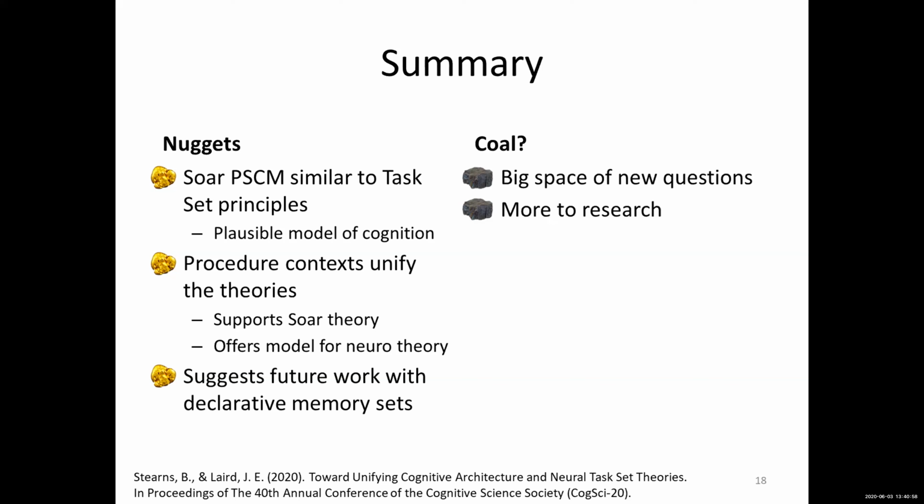And this work suggests future work with looking into declarative memory sets. Kind of a question mark on this one, because this is a big space of new questions and a lot more to research. You could see that as a cool thing, as a positive too, but that is the state of where my research is going right now.